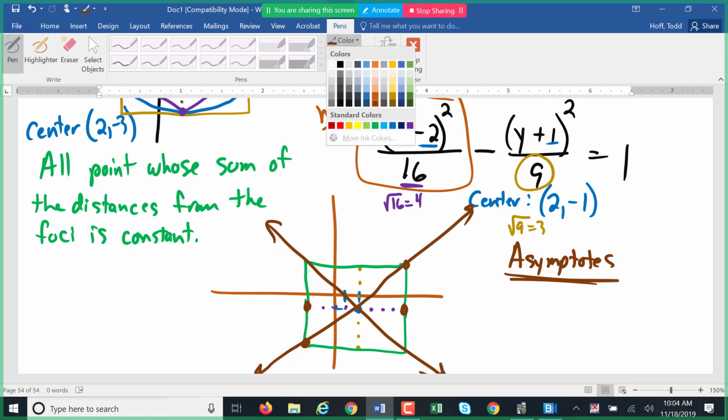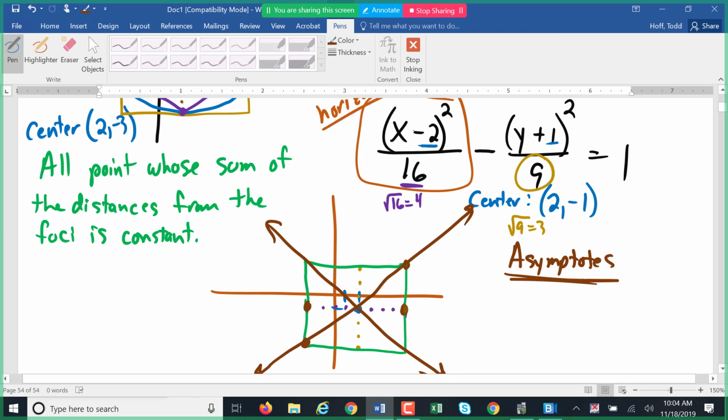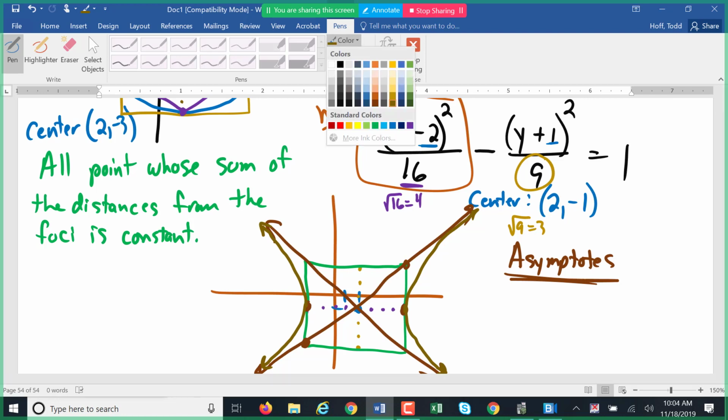It's going to look basically like this. That's our vertex on the right side. It opens up and is asymptotic, so in other words, it approaches that line on either side. Same over here. It opens up and it approaches those asymptotes above and below like that. So there's our hyperbola. We still need to find the focus.